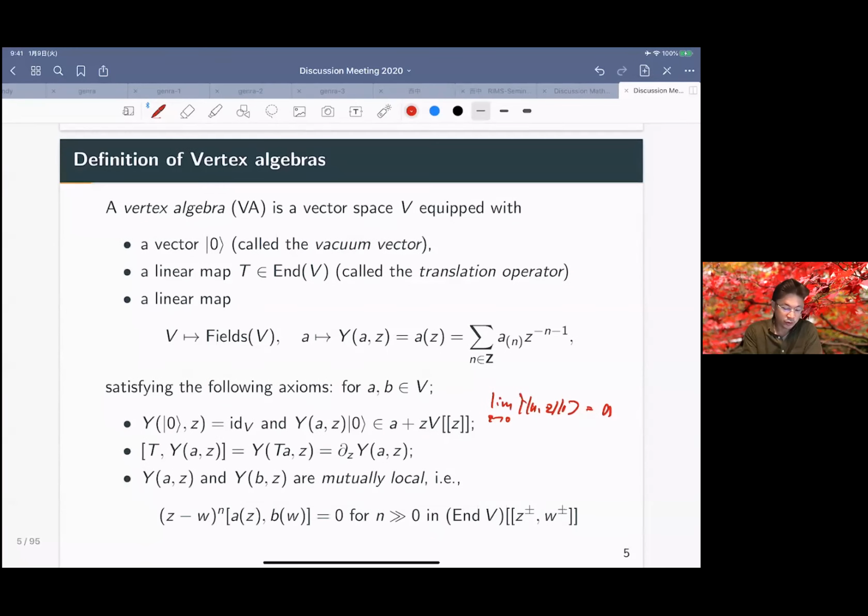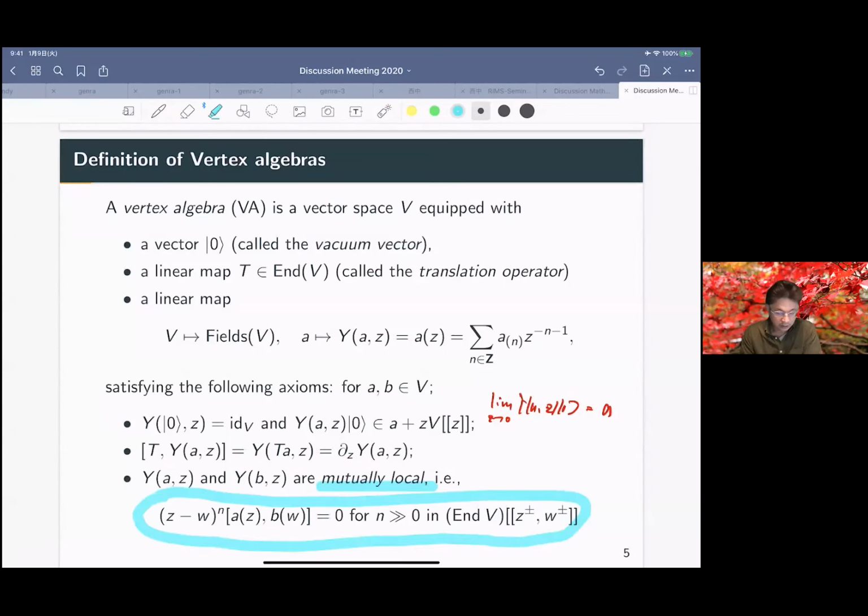The translation operator behaves like a differential. And the most important property is this locality condition.